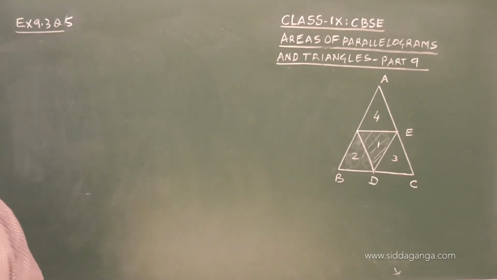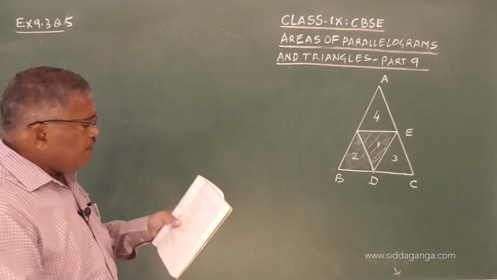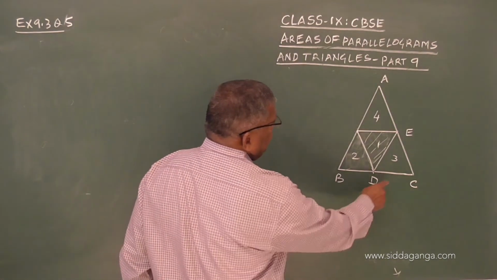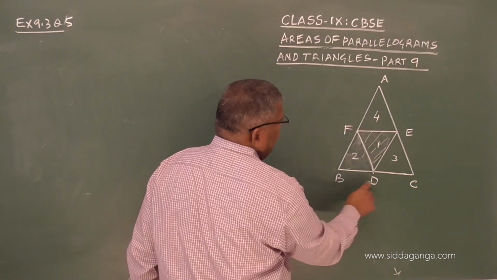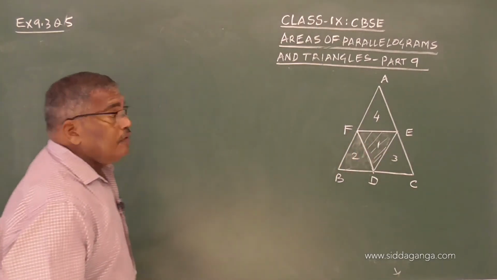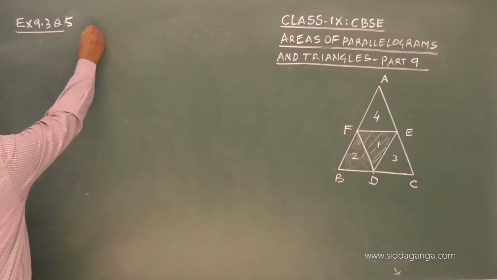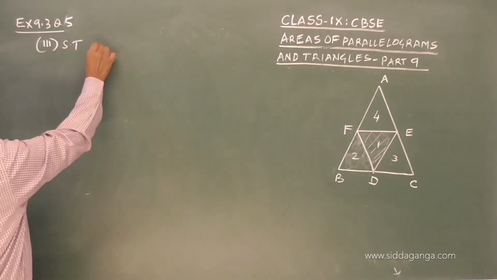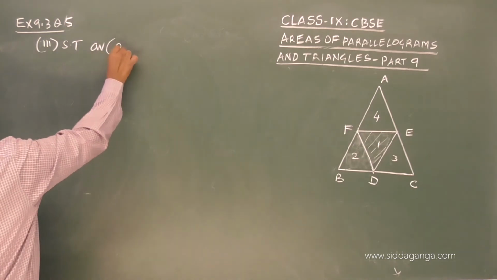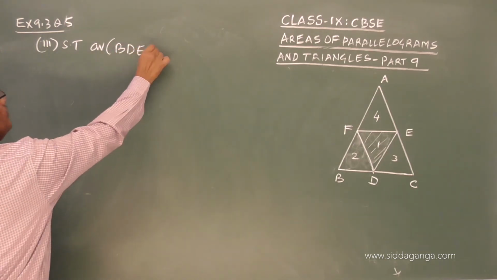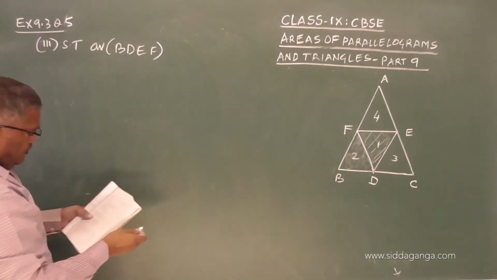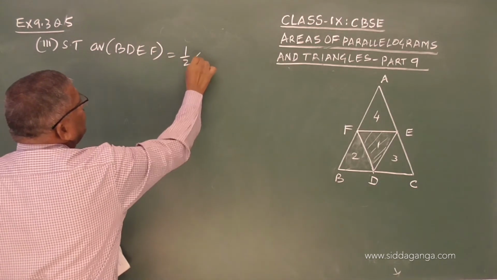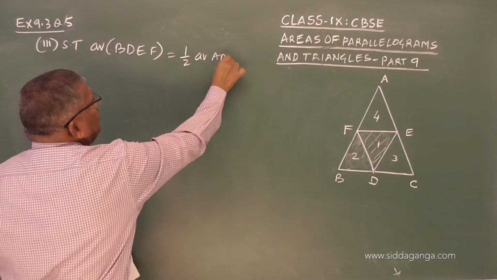Now, the next sub question is the third one, area BDEF. Observe here, third sub question, show that area BDEF is equal to half of area ABC.